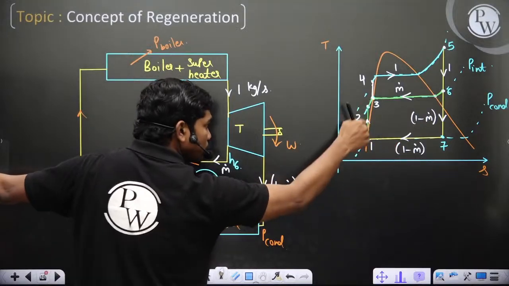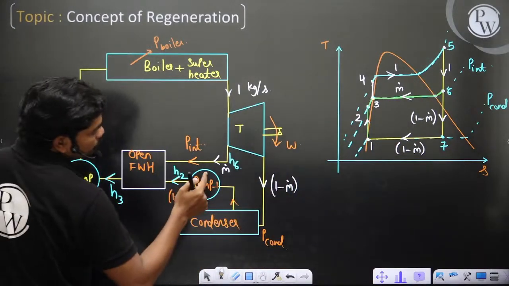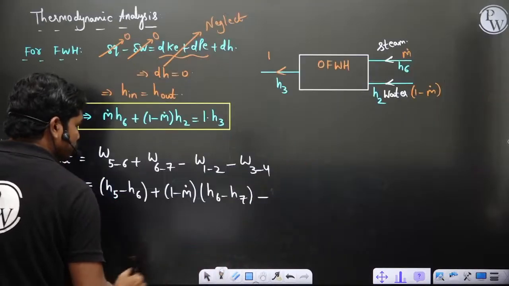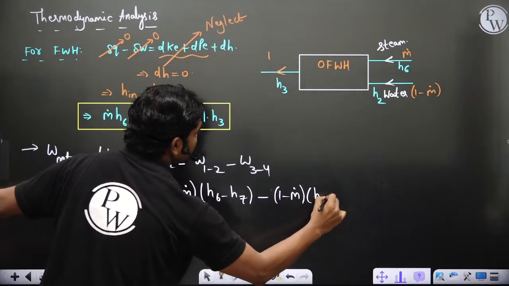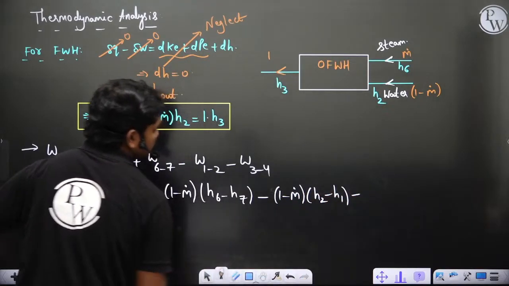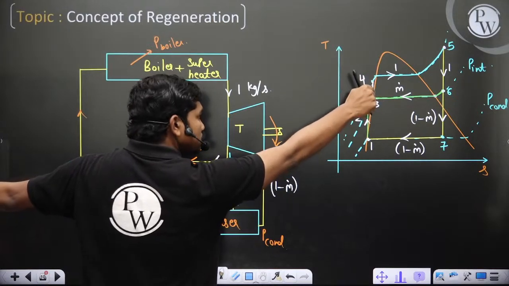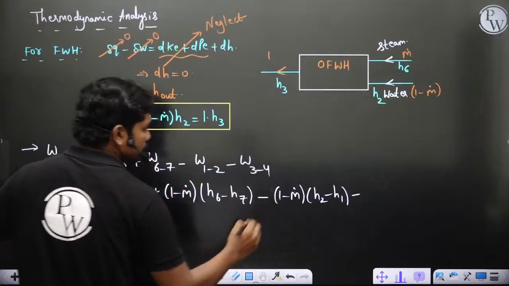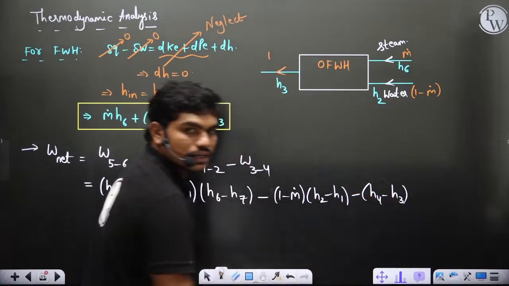Again, this 1 to 2 is also having the same mass flow, which is 1 minus m dot, so you can see (1 minus m dot) into (H2 minus H1), minus W 3 to 4. So work interaction in 3 to 4 is nothing but this; again here the total mass is 1 unit, so H4 minus H3, that's it directly. So this is the expression for calculating total net work output.